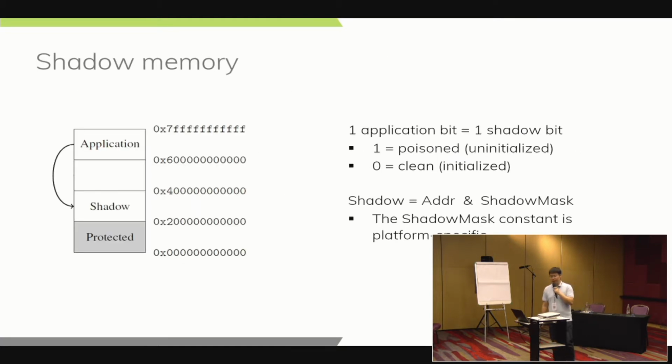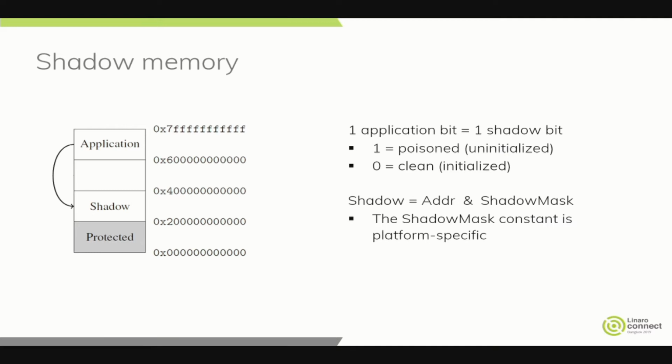Okay, shadow memory. As the diagram on the left side shows, the application is located in the higher memory, and the shadow memory is located in the lower memory. They have a one-to-one bit mapping relationship, which means that each bit in shadow memory stands for whether the corresponding application memory is initialized or not. 1 means uninitialized, 0 means initialized.